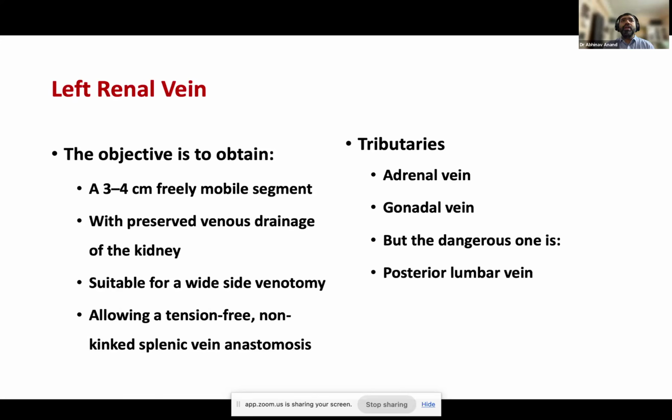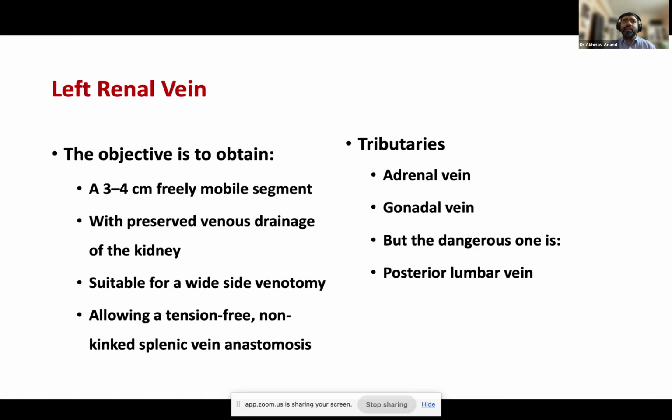I locate the superior and the inferior pole of the kidney, sir, and from that I get the idea of the hilum of the kidney, that is the midpoint. I palpate the renal artery pulse, and from that I start dividing the retroperitoneal attachments to expose the left renal vein, and from there I go medially towards the IVC and the aorta.